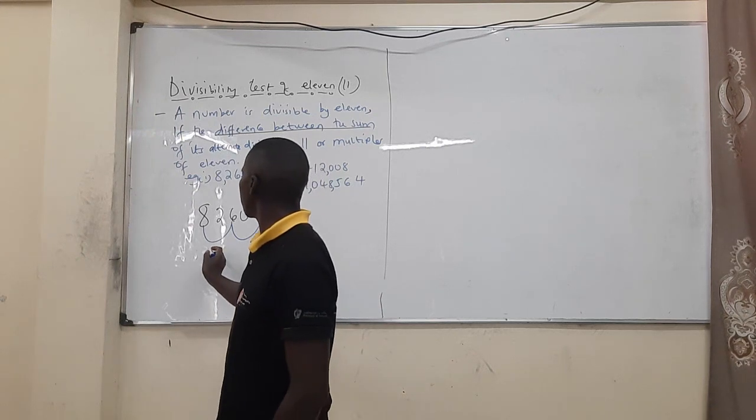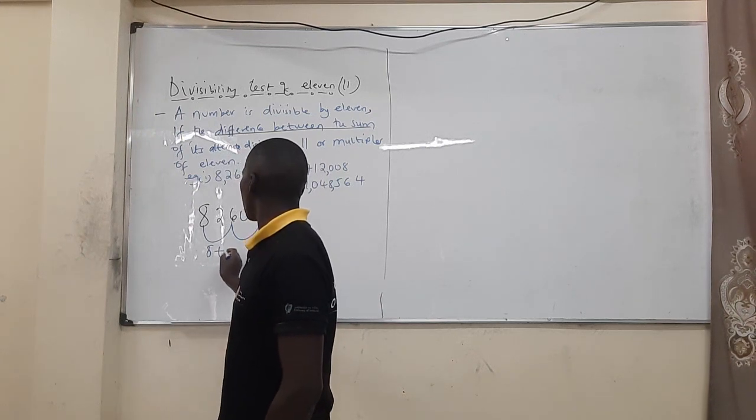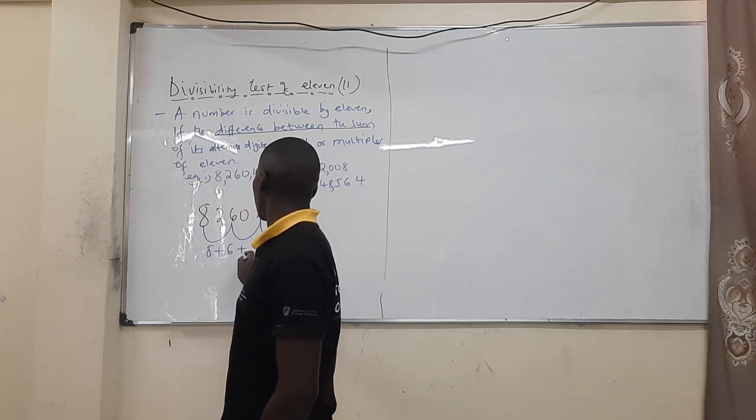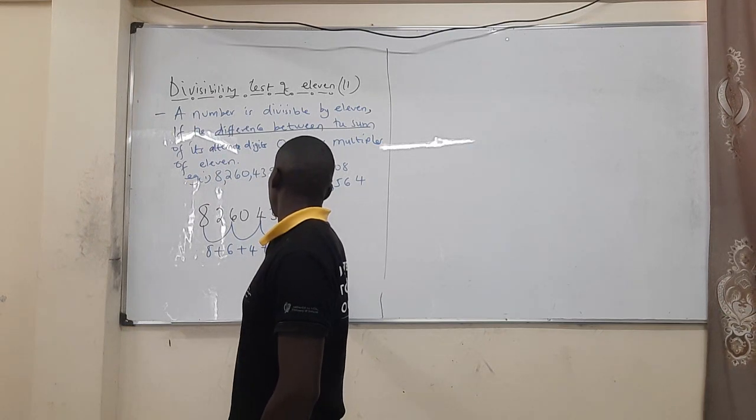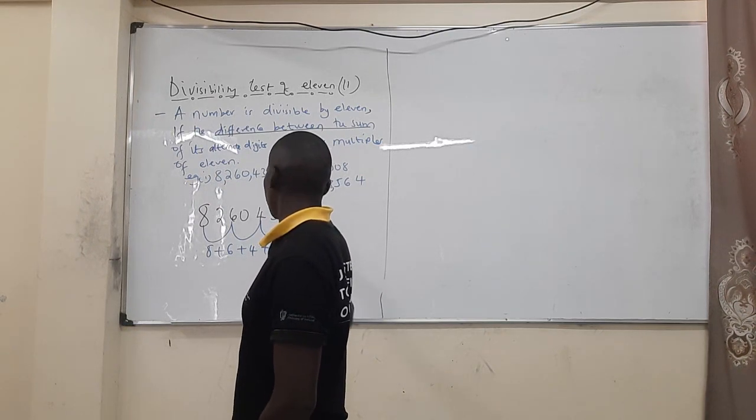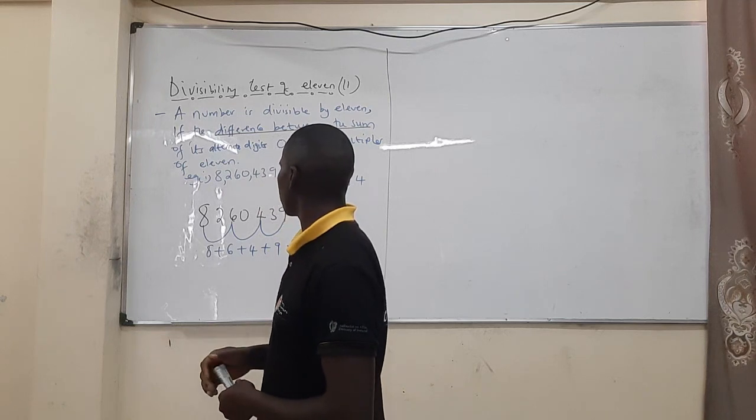So we add 8 plus 6 plus 4 plus 9. Of course, this gives us 27. That is the first alternate.